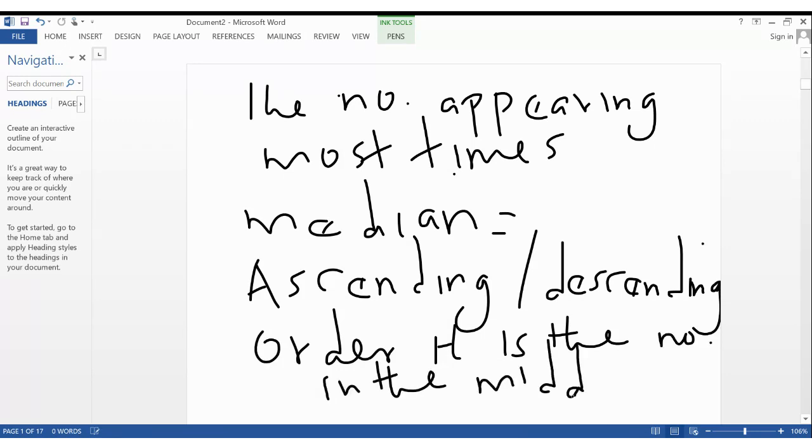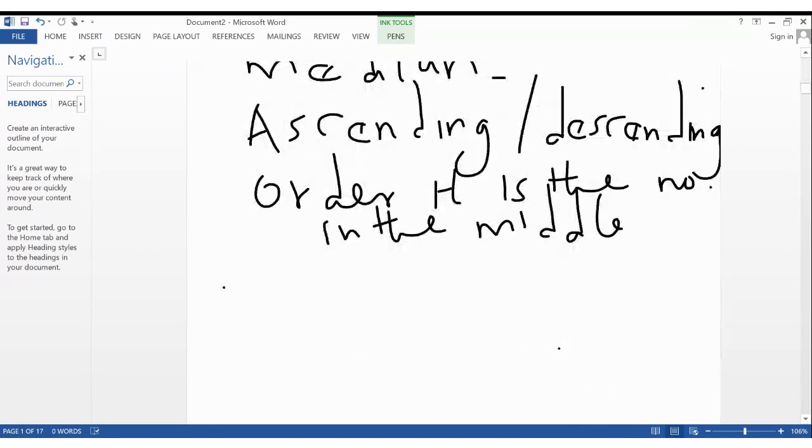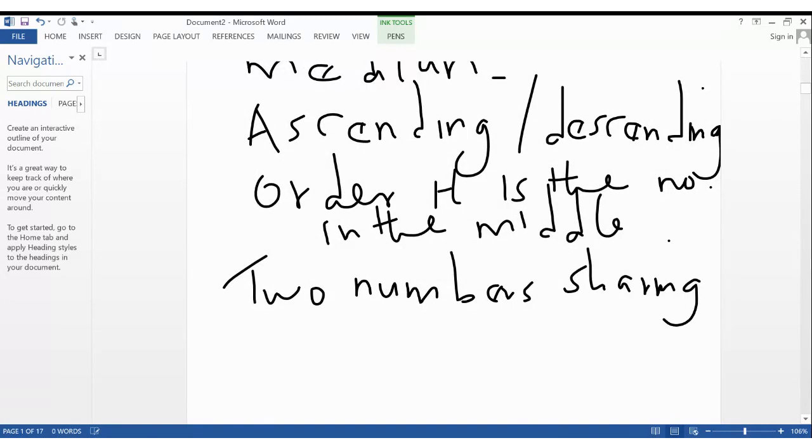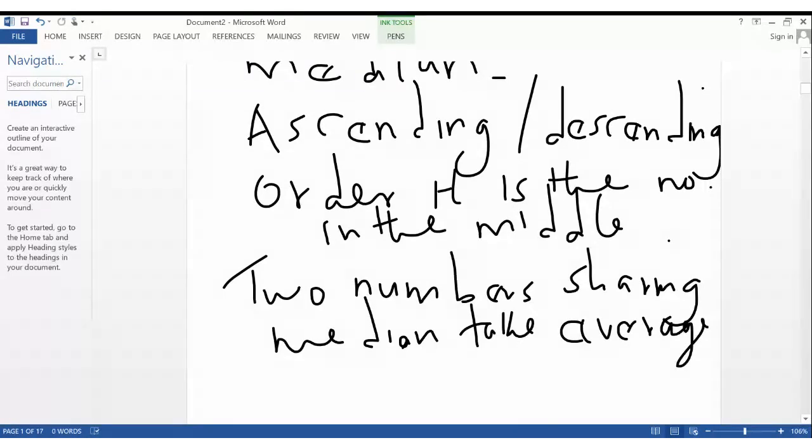So it depends: if two numbers are sharing the median, you take the average of the two numbers.